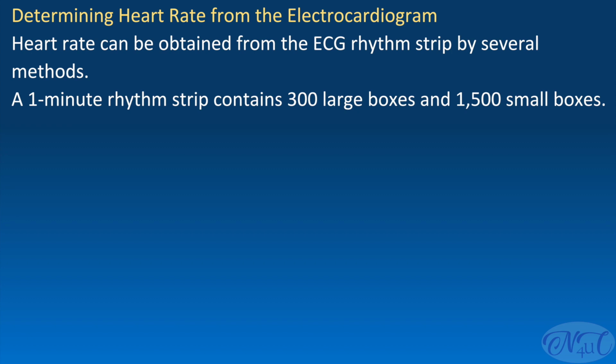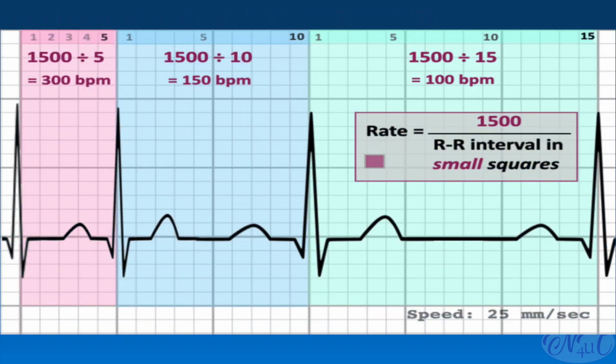Heart rate can be obtained from the ECG rhythm strip by several methods. A 1-minute rhythm strip contains 300 large boxes and 1500 small boxes. Therefore, an easy and accurate method of determining heart rate with a regular rhythm is to count the number of small boxes within an RR interval and divide 1500 by that number.